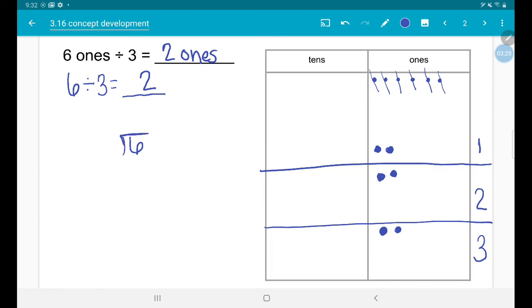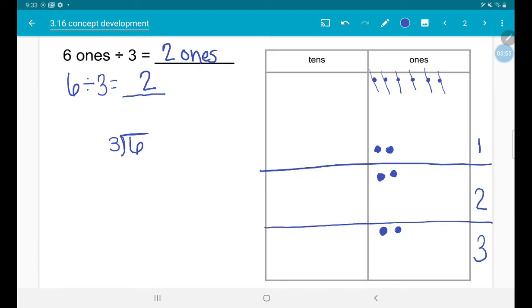Sometimes we call it the division house. The line goes on top and then a line over to the side. And how many groups did I make? 3. So I'm going to do it just like that.